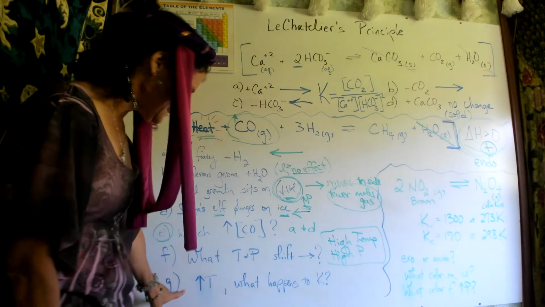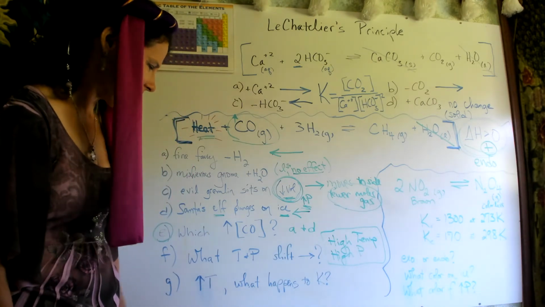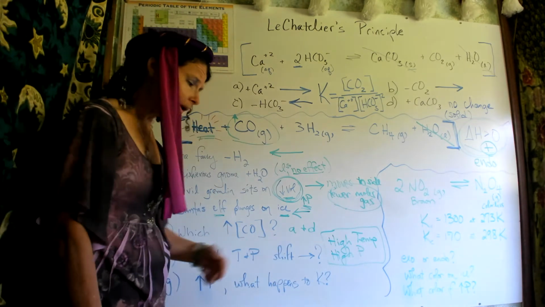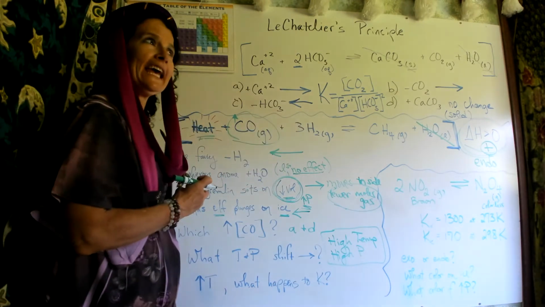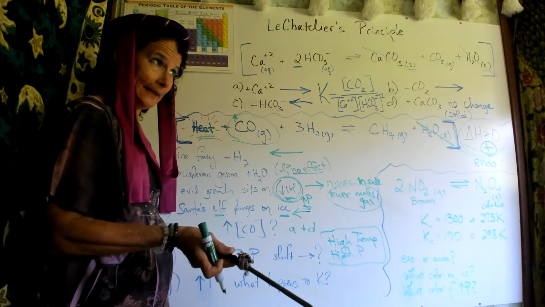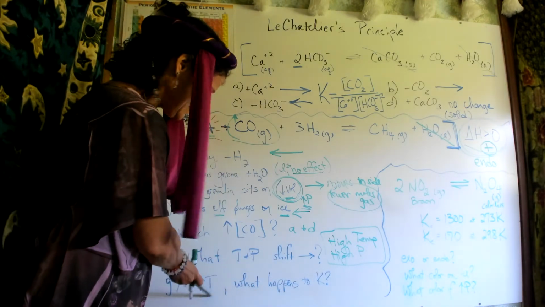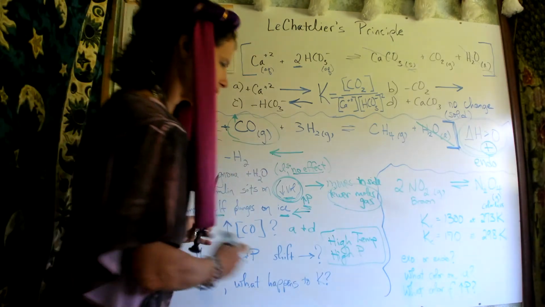All right, and then the last one. What if we increase the temperature, what happens to K? So in the first video I talked about, the only thing that changes our value of K is temperature. And it depends if it's exo or endo. So as we increase the temperature, it was endo, it shifted forward.